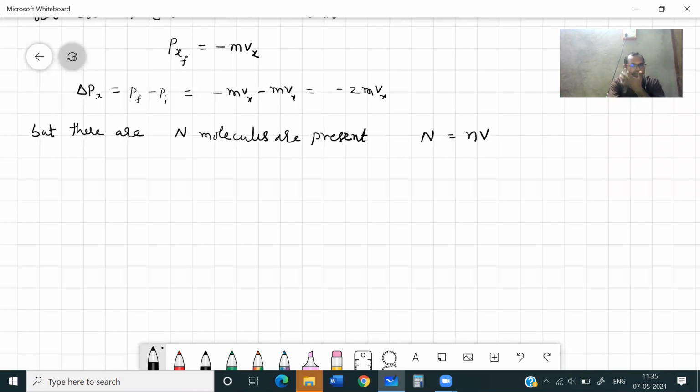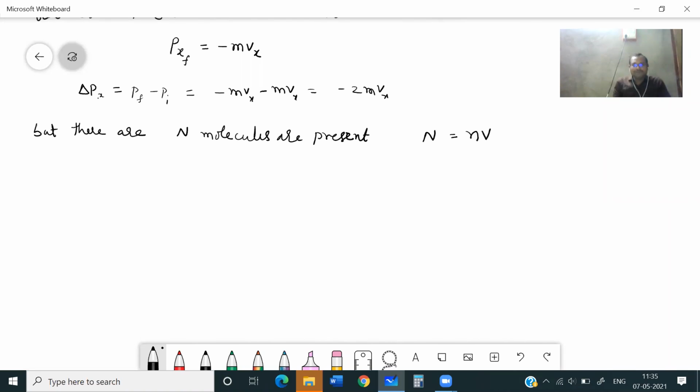Now, but what is this V? How many gas molecules are colliding in a particular time interval? In a particular time interval, let us imagine.